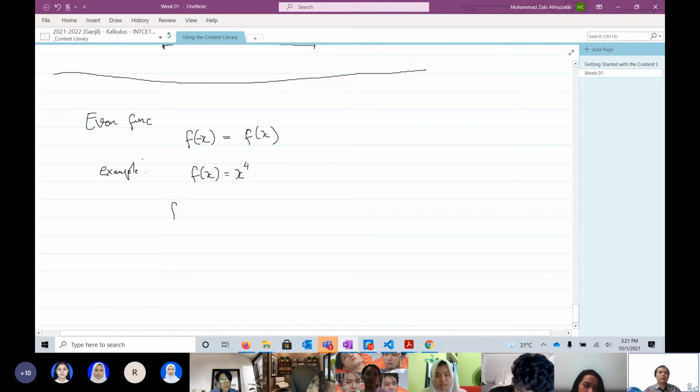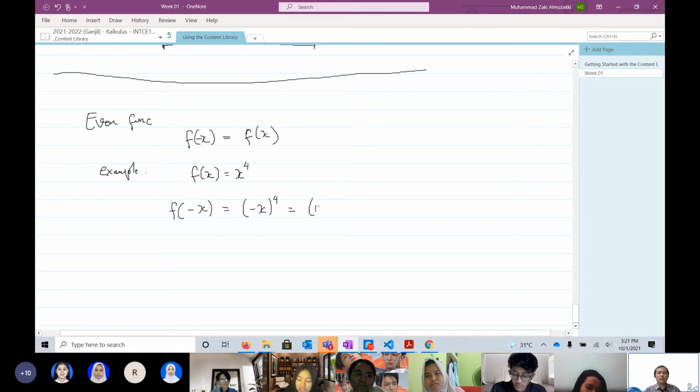To check whether this is even or odd, let's take f of minus x. We have here minus x to the power 4. Then we have minus 1 to the power 4 times x to the power 4, which is equal to x to the power 4 because minus 1 to the power 4 is 1.